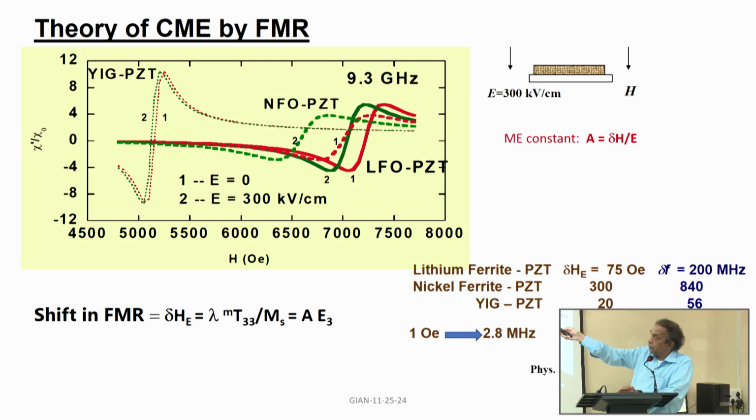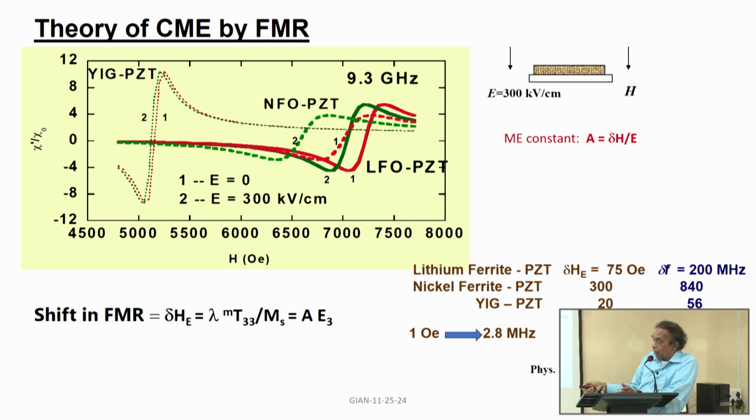So as you see here, under no field, you see the resonance. When the electric field is applied, there is a shift in the resonance to the right. So the resonance occurs at a lower static field. So we can calculate the shift in the resonance field, that's delta He.